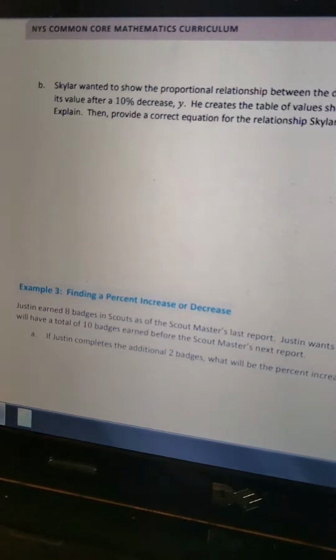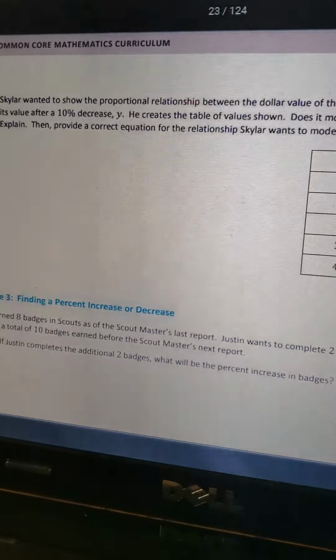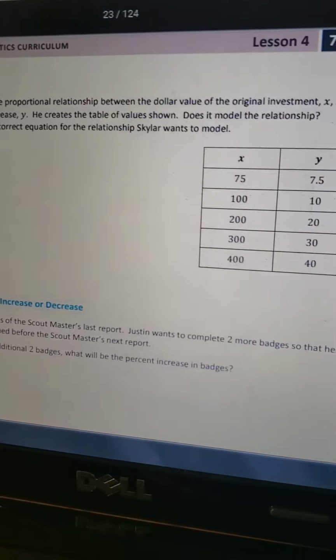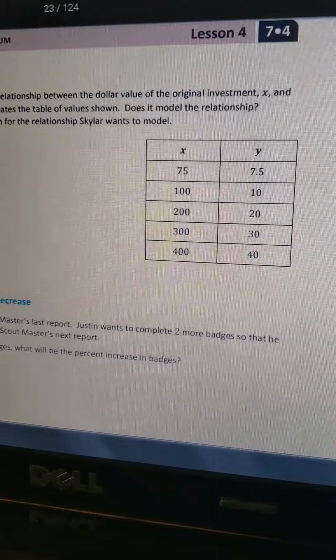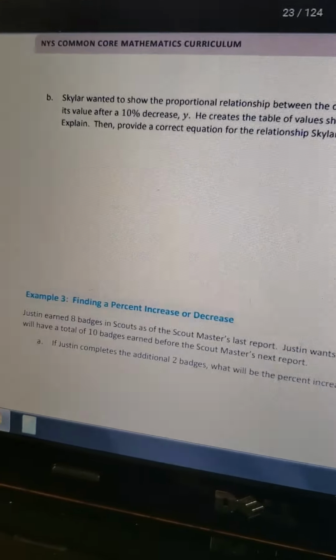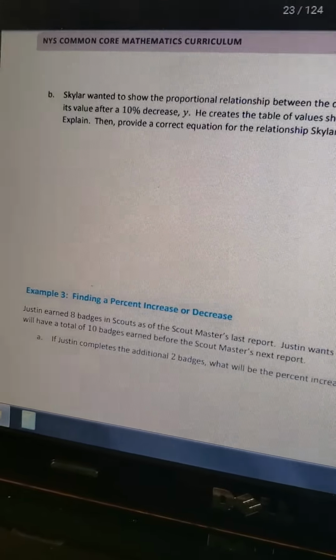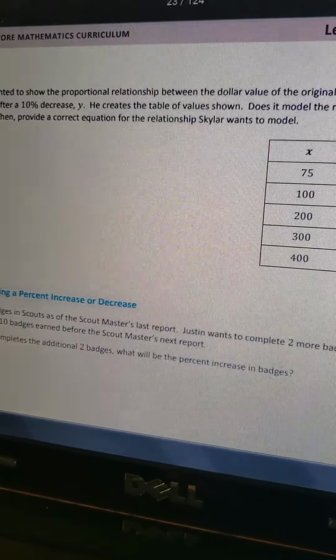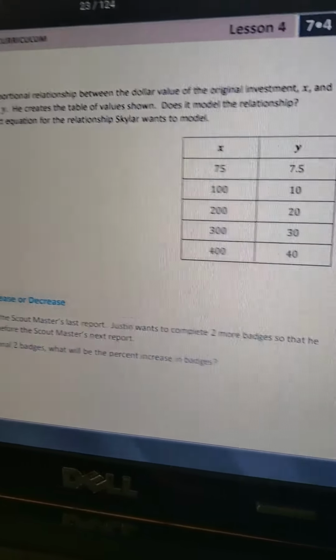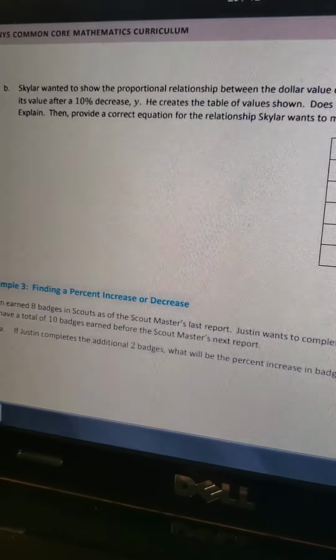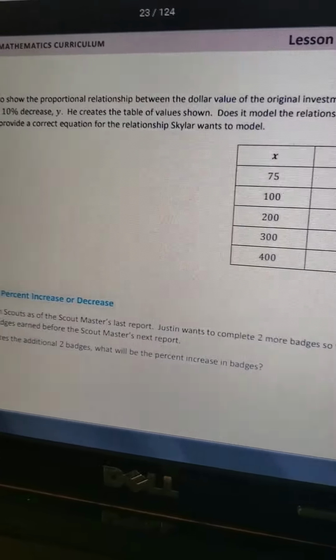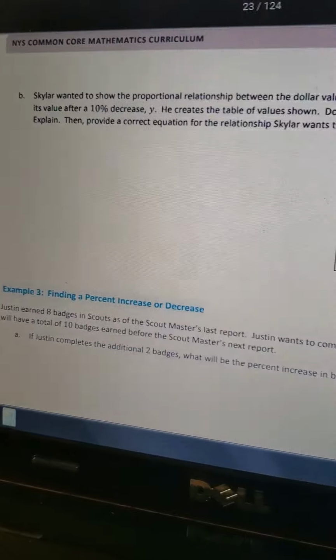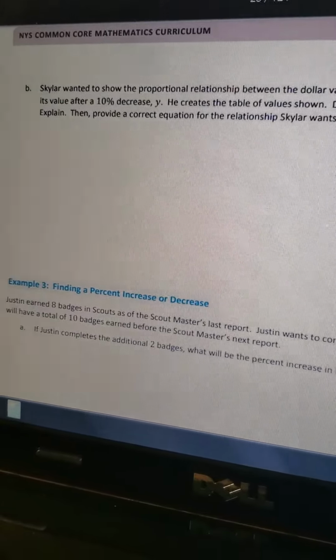Okay, so it says, Skylar wants to show the proportional relationship between the dollar value of the original investment, X, and the value after a 10% decrease, Y. He creates a table of values shown. Does it model the relationship? So he wants X to be the original investment and Y what is left after the 10% decrease.